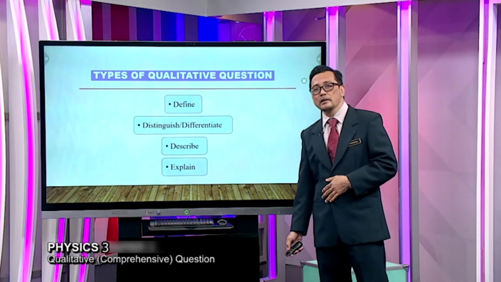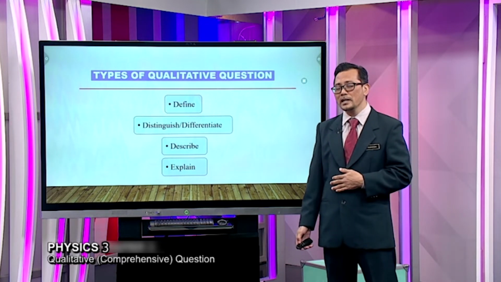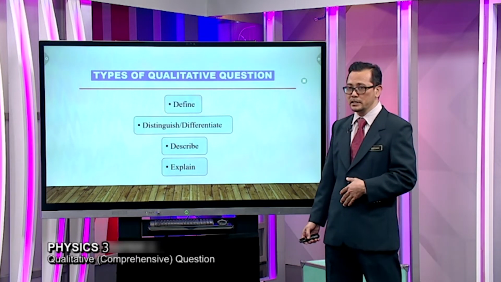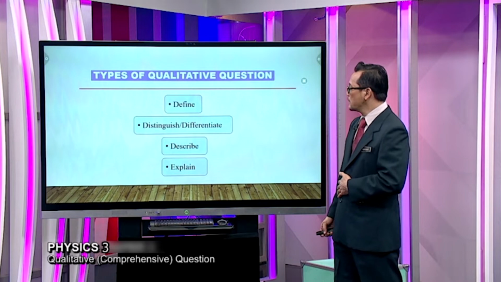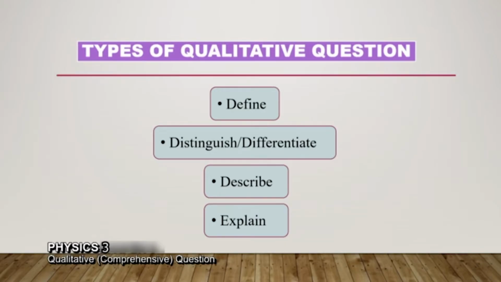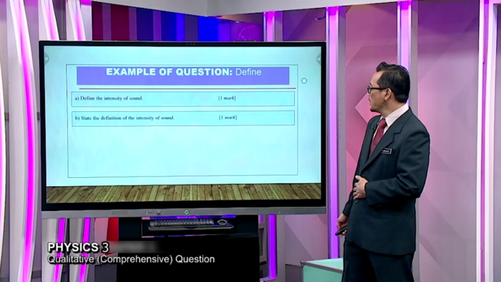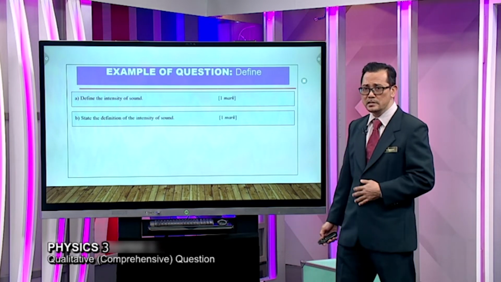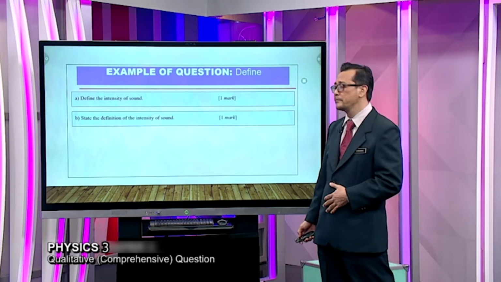Firstly, let's look at the common types of qualitative questions. We have questions that ask the candidate to define a concept, distinguish or differentiate, describe a phenomenon or a process, and explain a concept. Let's look one by one. Here I have examples of questions which start with define.